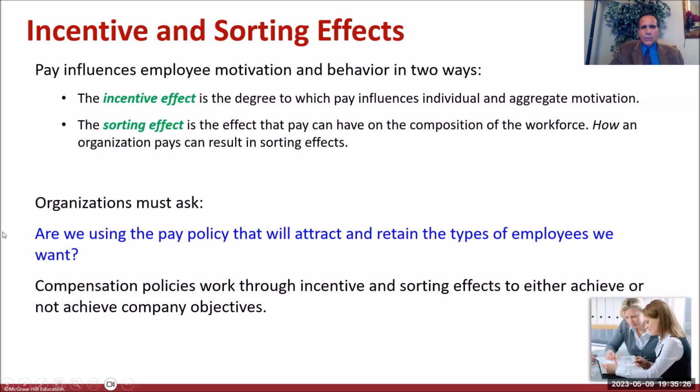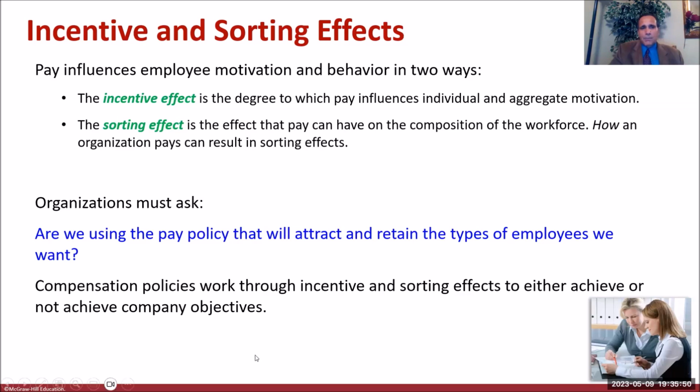So as an organization, we have to ask, are we using the pay policy that will, in fact, attract and retain the type of employees that we want, we need, and we should have to meet our obligations locally and nationally according to laws and according to what is deemed to be moral in society?